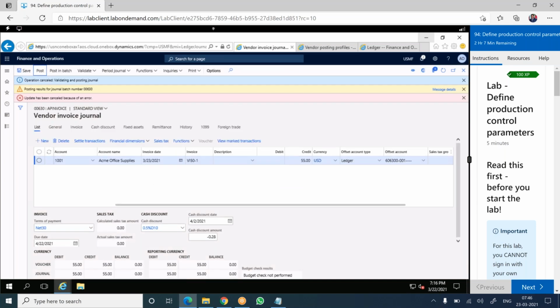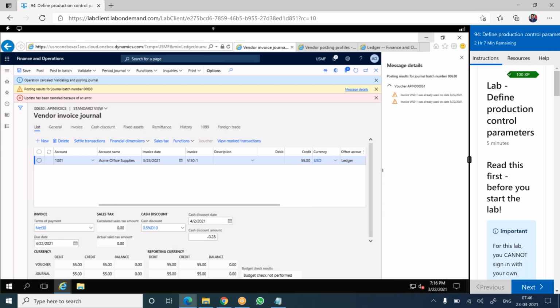Fine. Now I'm trying to post. So it is throwing an error message, and what it is telling is, invoice VI 50-01 is already used. This is a restriction. Is it clear, Shiva? Yes. Okay, it is stopping.